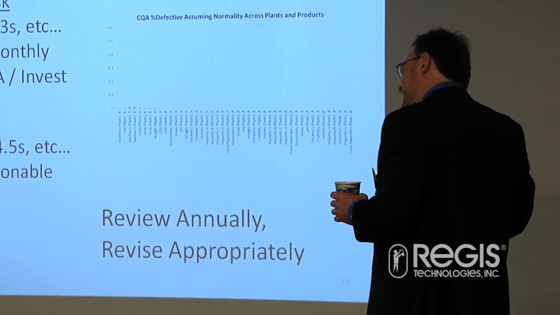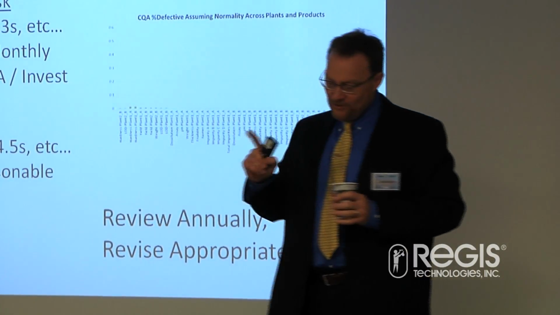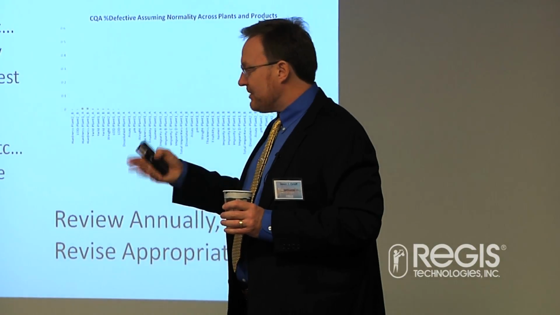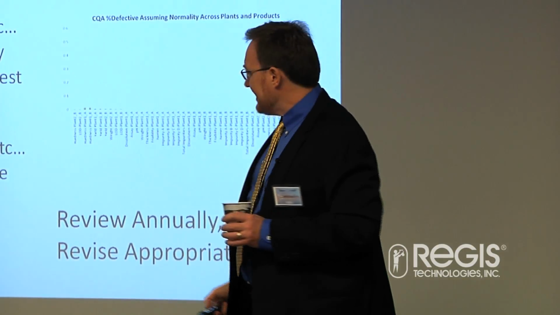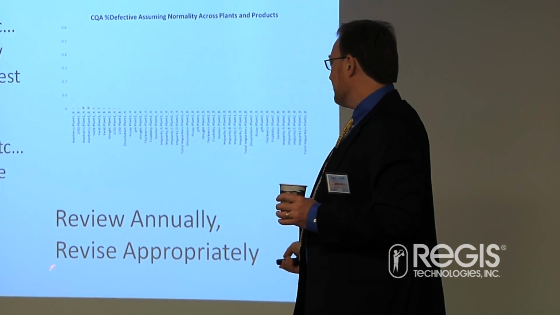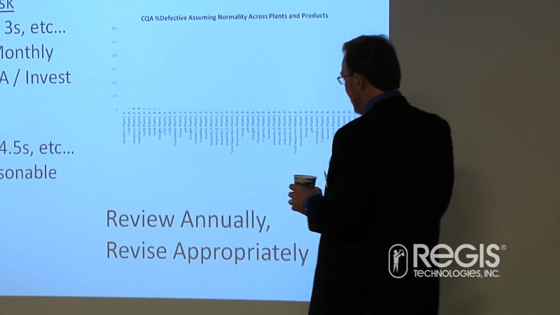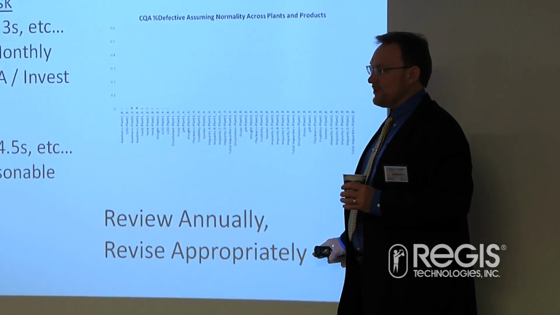And we need a big enough data set to understand what's happening in the process. The one caveat to this is that if you make a major process change, that's also appropriate for a revision. And that is why reviewing annually and revising appropriately becomes important. Because if you spend all of your time revising, it is again a waste of resources.